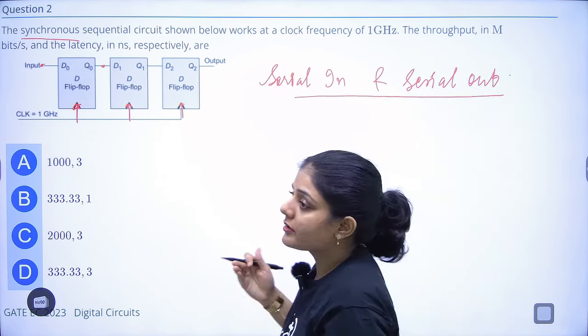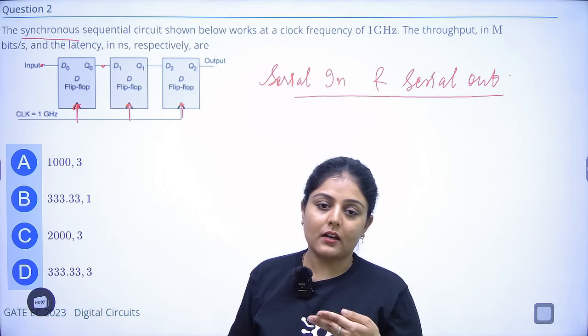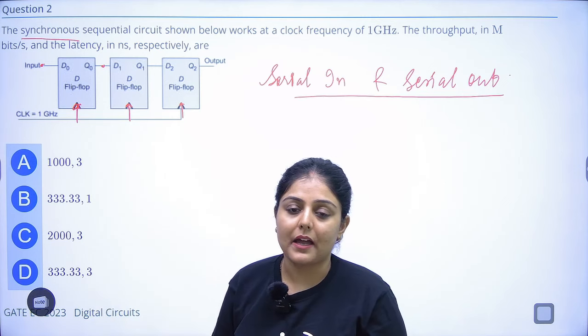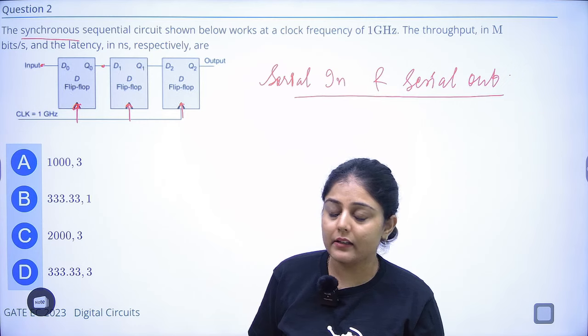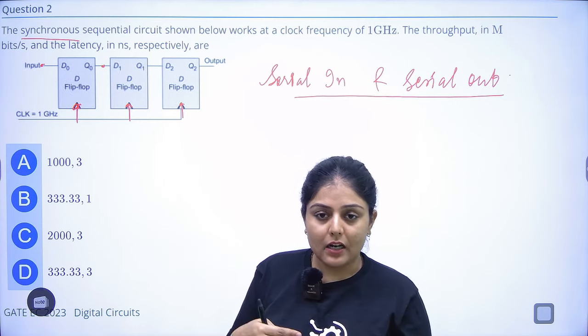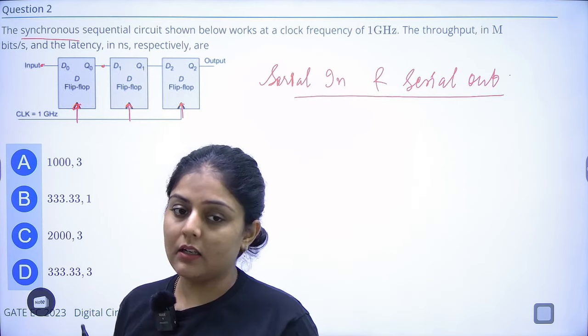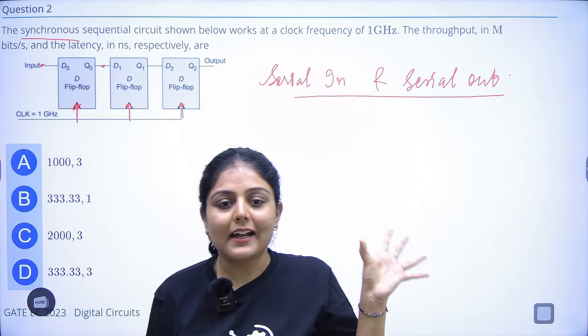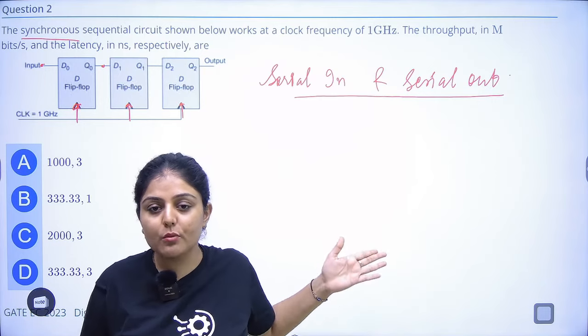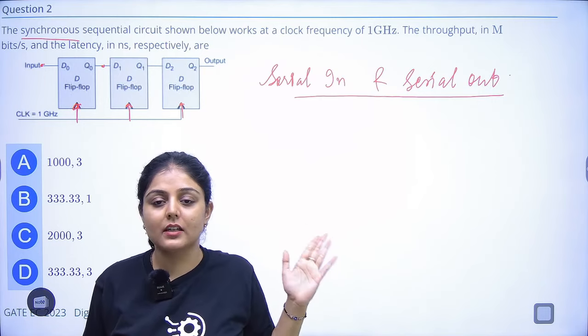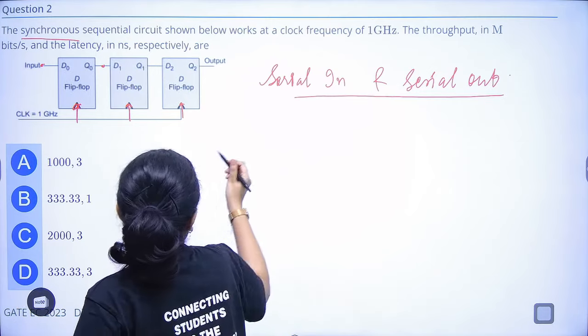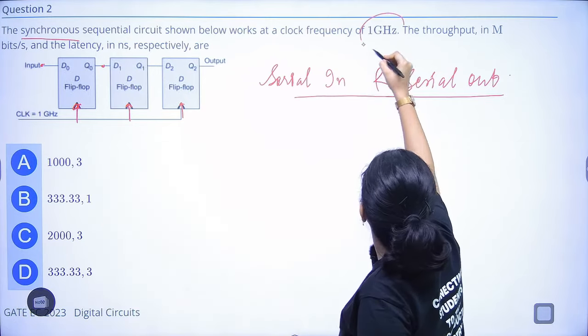Depending on the register, whether it is serial in serial out, serial in parallel out, parallel in parallel out, or parallel in serial out, the latency and throughput change. For serial in, serial out, we first find the time.